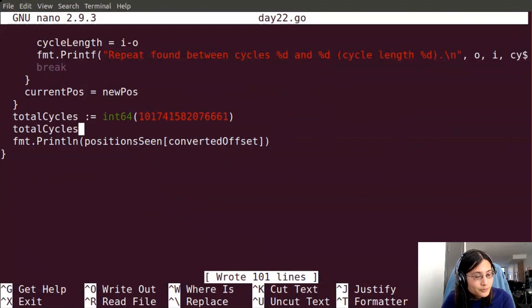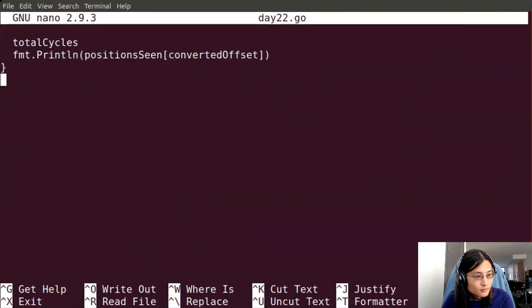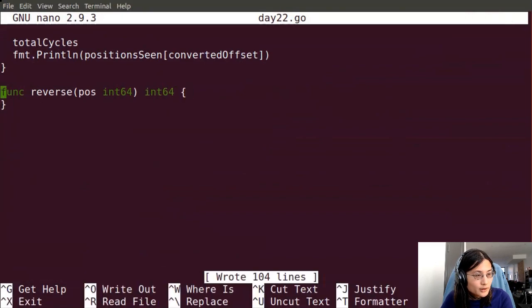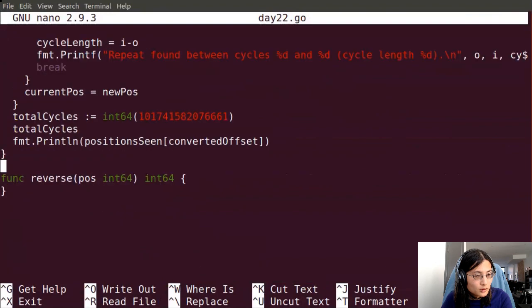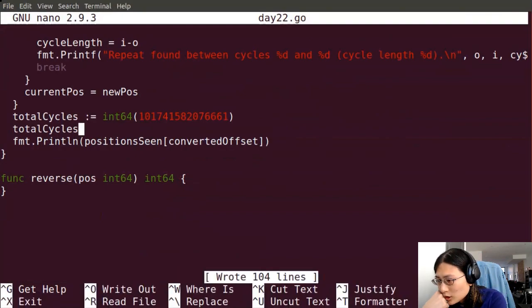So just define this function really fast. And let's see this. Okay.